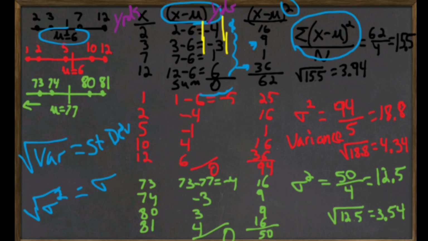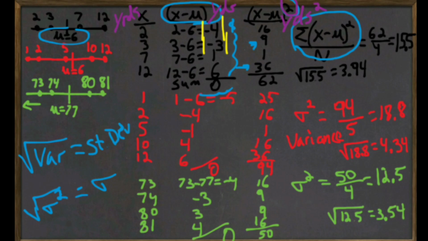But when we fixed our issue of trying to get rid of the negative numbers, we squared this. So we all of a sudden went into yards squared. That's supposed to be a 2, but let's move it down here. I know this is kind of written all over the place, but we're into yards squared.